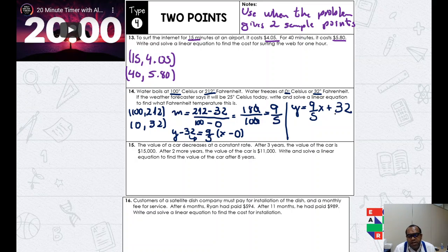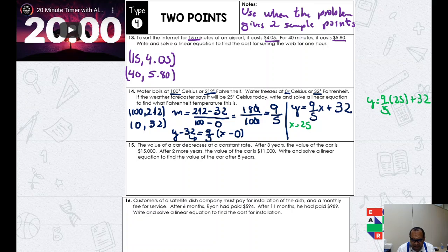Great, here's my equation. And to solve it, guys, my x, my Celsius temperature, is 25. I know my x is Celsius and it's 25. If your x is 25, what's the result? You need to use the equation here. y equals 9/5 times 25 plus 32.